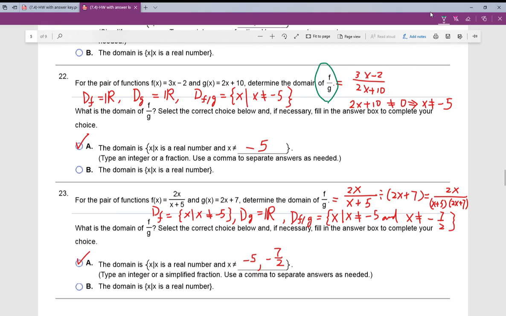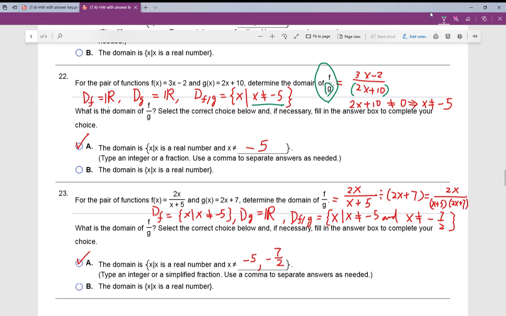For the function f all real and the function g all real, but when you divide, you need to kick out negative 5. Why? Because when you divide by g, this function g becomes the denominator.